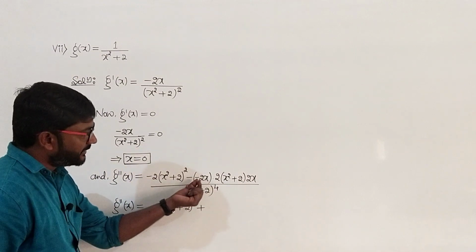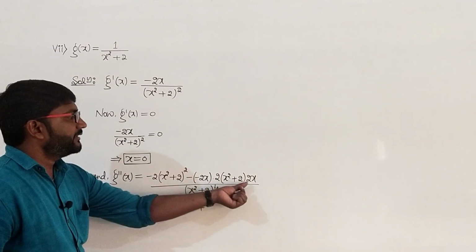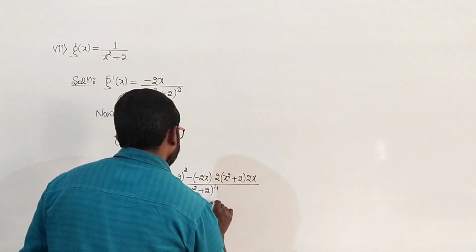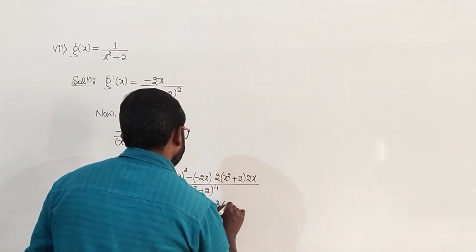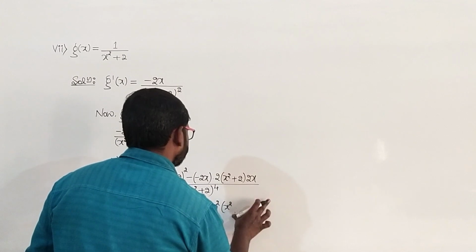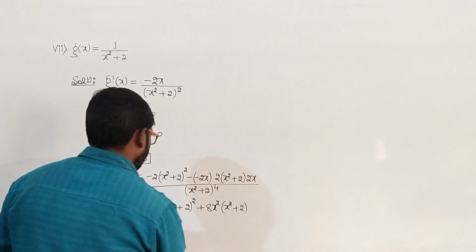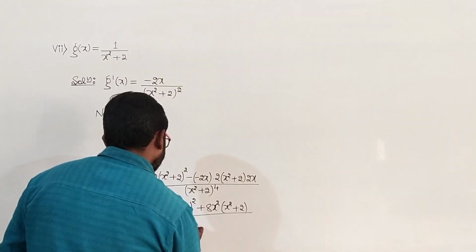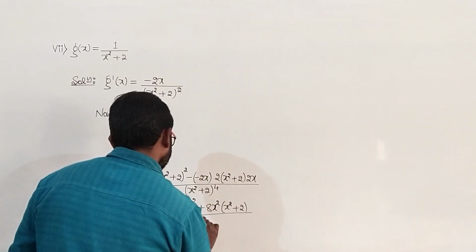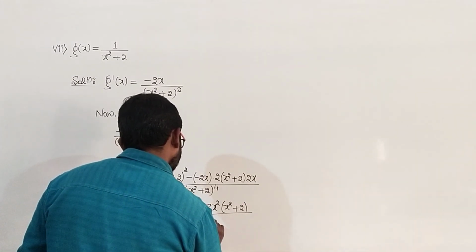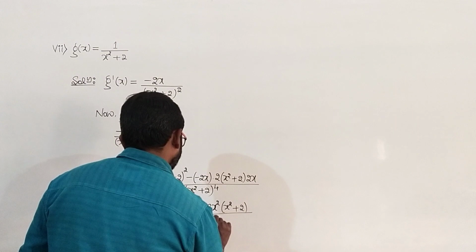So what we get now, 4x, and then here you have 2x, that will be 8x square, 8x square into x square plus 2, whole divided by x square plus 2 whole to the power 4.